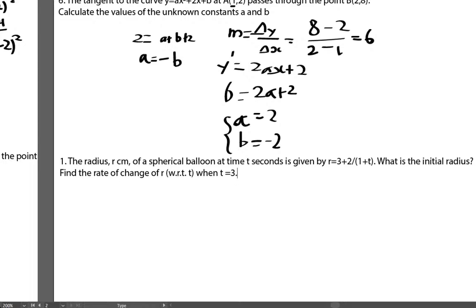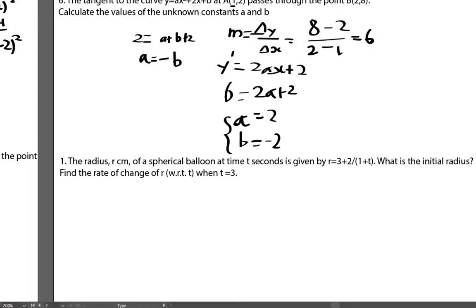First, what is the initial radius? When you are talking about initial, you need to think about what the radius is when time is 0, because it hasn't even started. That's why you start from t equals 0, the point where it started.